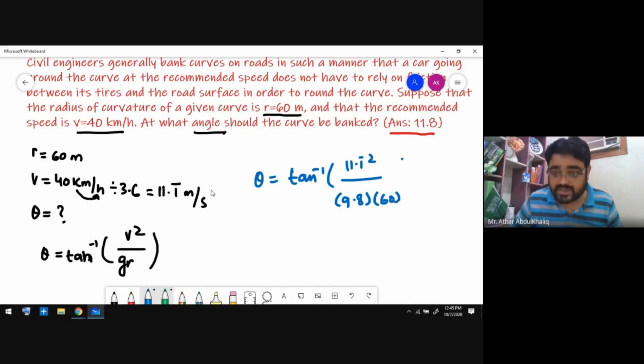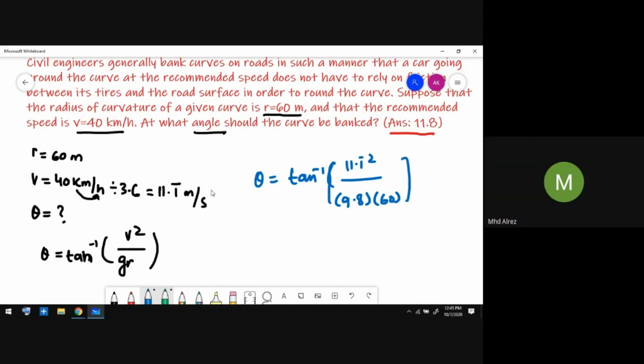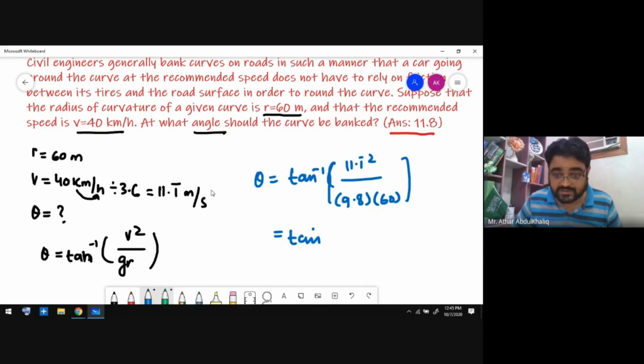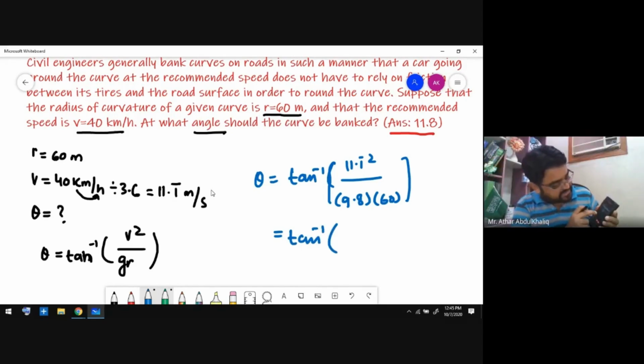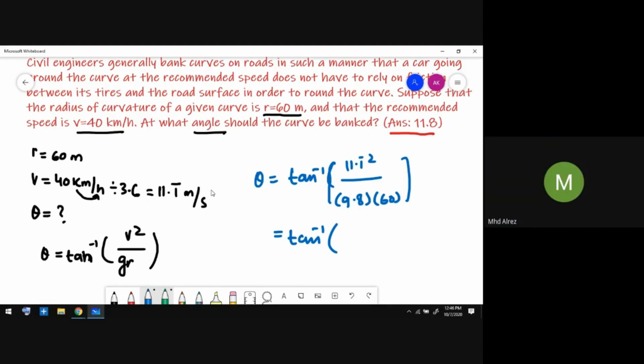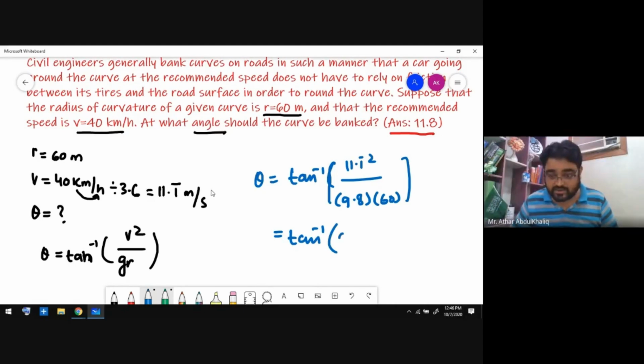First of all, before tan inverse, what is the answer? I will just take the square directly. Now I will divide. Before tan inverse, it is 0.2099.